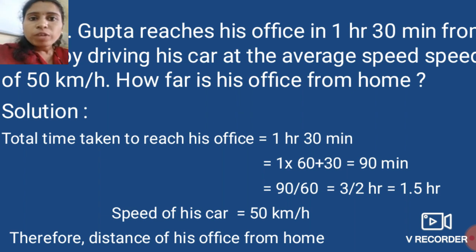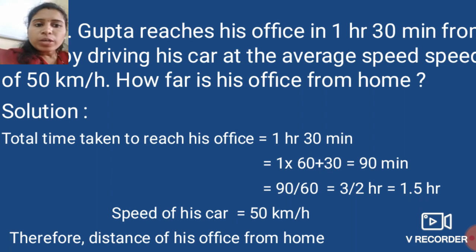You can also know that 1 hour 30 minutes means 1 hour and half an hour, which means 1.5 hours. 1 hour 30 minutes means 1.5 hours.